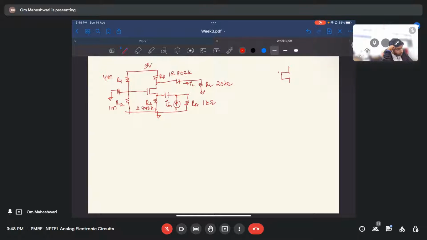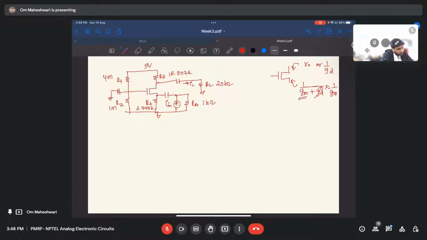For a MOSFET, the impedance seen from here is R naught or 1 by GD, but when seen from here, it is 1 by GM. Actually, it is 1 by GM plus GD, but we ignore this because GM is very large, so we assume it to be 1 by GM.